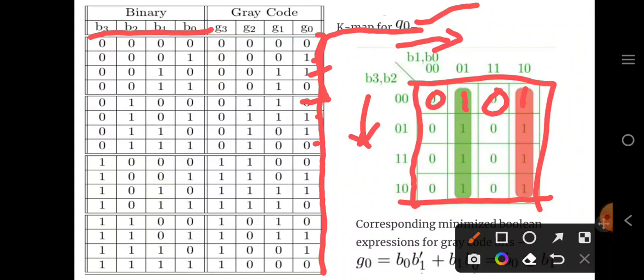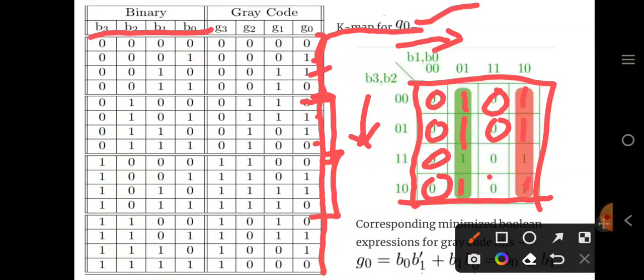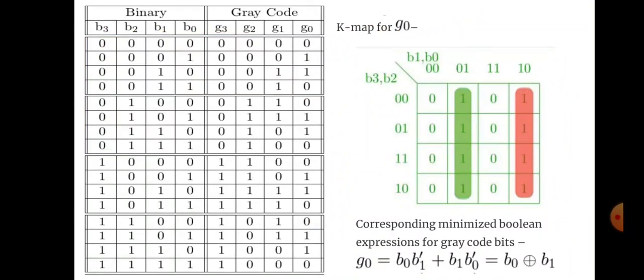Now the second gray code row is 0 1 1 0, so 0 1 1 0. Now again 0 1 1 0, so here 0 1 1 0, and the last one 0 1 1 0. So this is how we have plotted all the numbers.